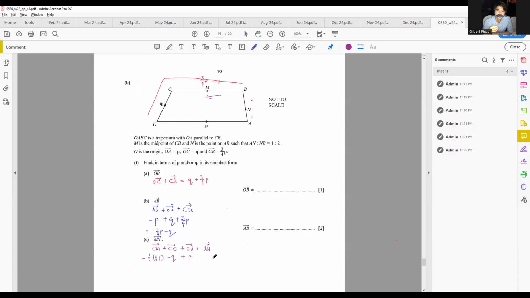AN is actually what? AN is actually 1/3 of AB. Again, AB is whatever we had up here already.